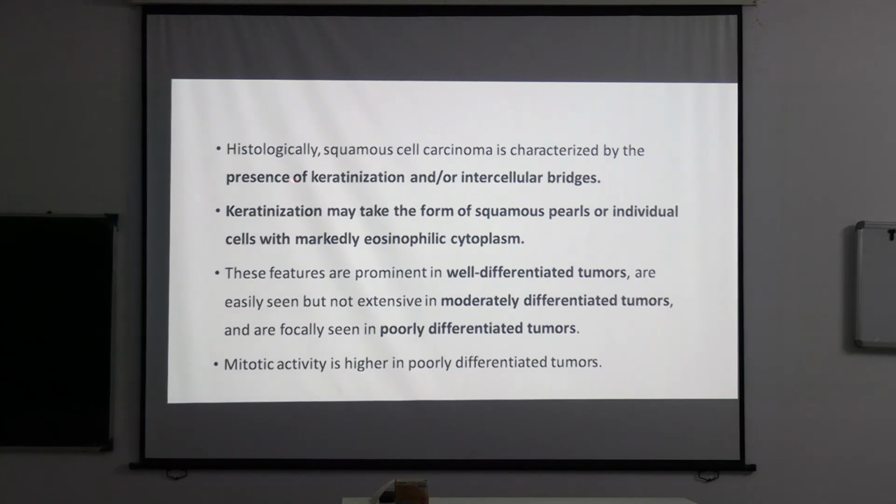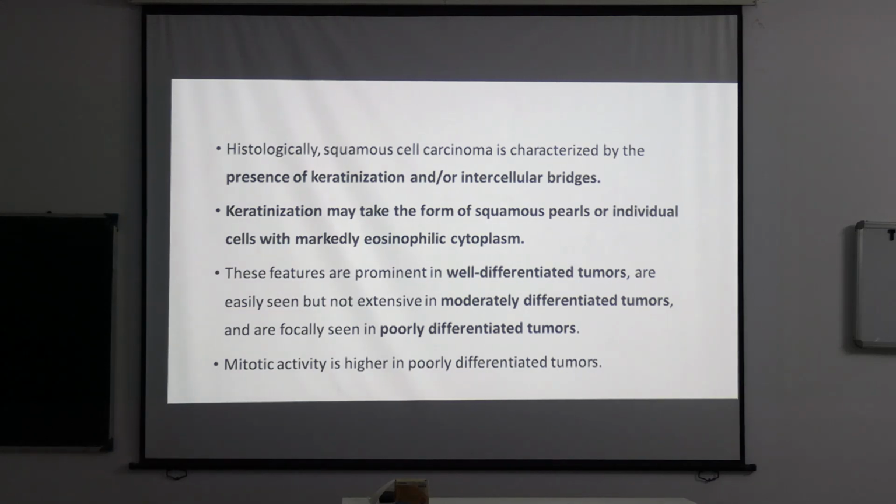Histological features: presence of keratinization and/or intercellular bridges. Keratinization may take the form of squamous pearls, also called keratin pearls, or individual cells with markedly eosinophilic cytoplasm. These features are prominent in well-differentiated tumors, easily seen but not extensive in moderately differentiated tumors, and focally seen in poorly differentiated tumors.